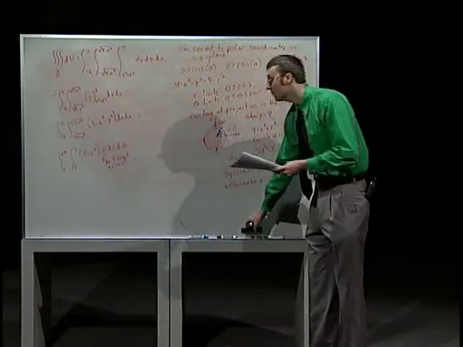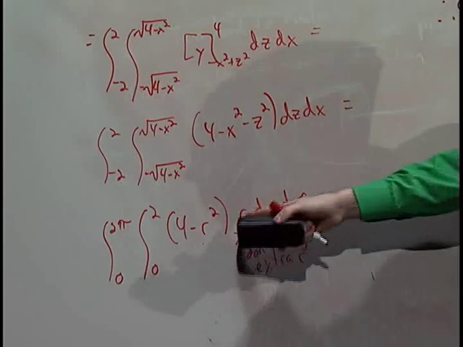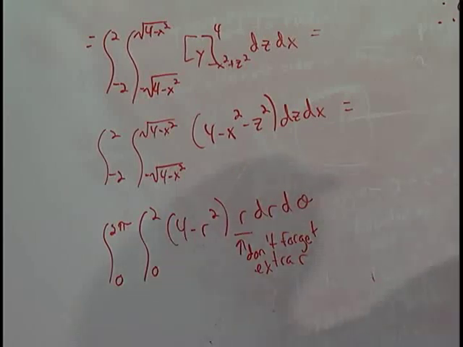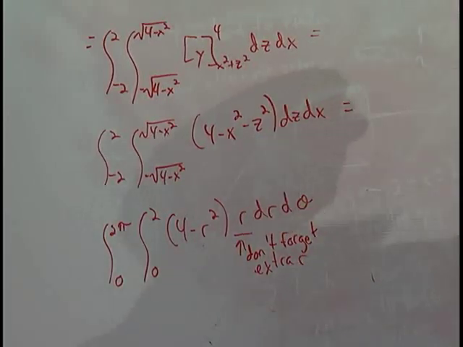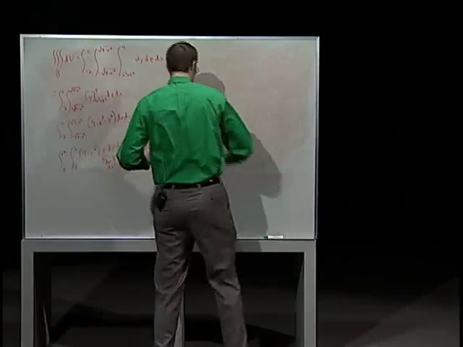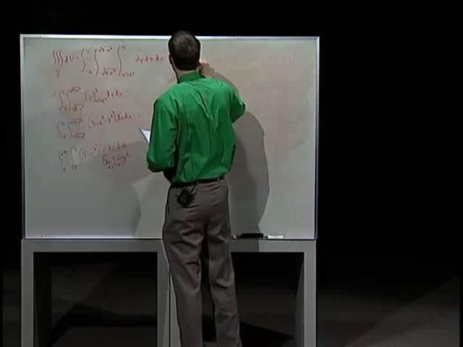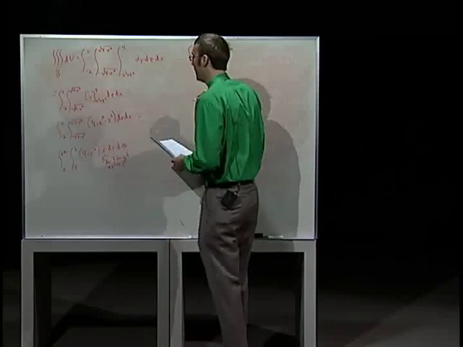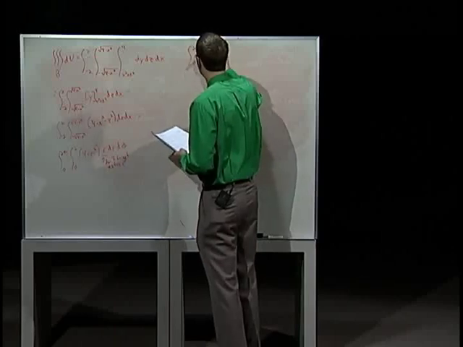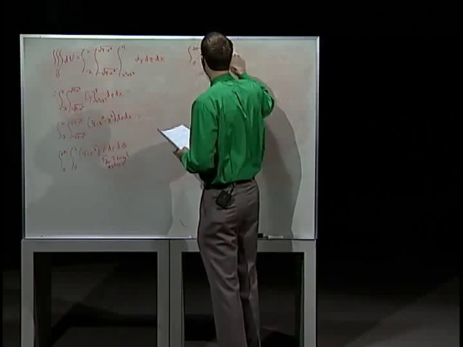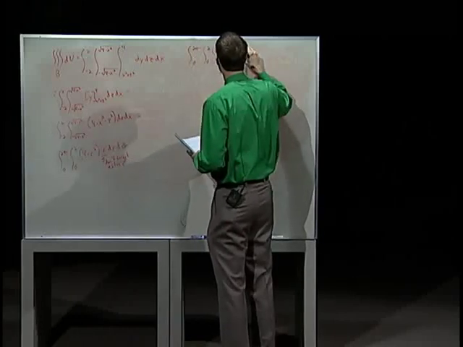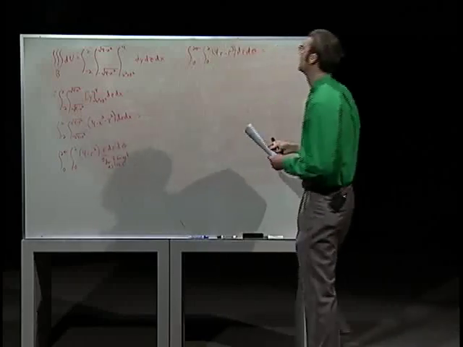But now, this is pretty easy to deal with. Everything's okay over here. We have our limits. We're all solid there. Let me come over here and finish working this out. And we see this is much easier than we would have had before, right? Less cumbersome. So 0 to 2 pi, and the integral from 0 to 2 of 4r minus r cubed dr d theta, all right?